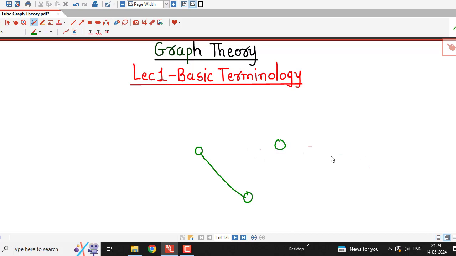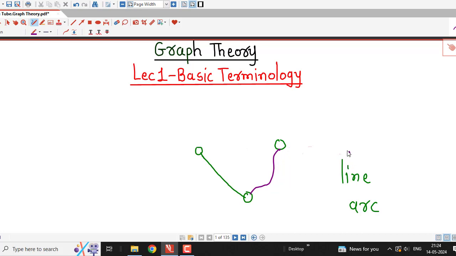So graph means we have certain points which we denote by dots or circles, and some points are connected by a line or by an arc. It is not necessary that we should use a straight line segment to join these two points. We can use any type of arc also. If we wish, we can draw this type of arc also.